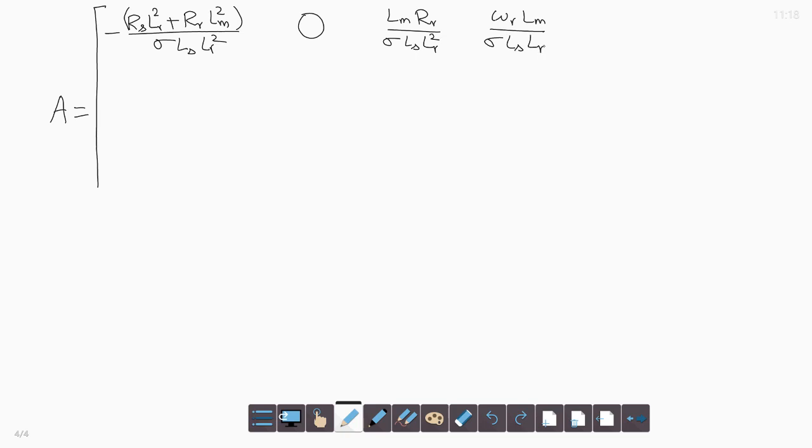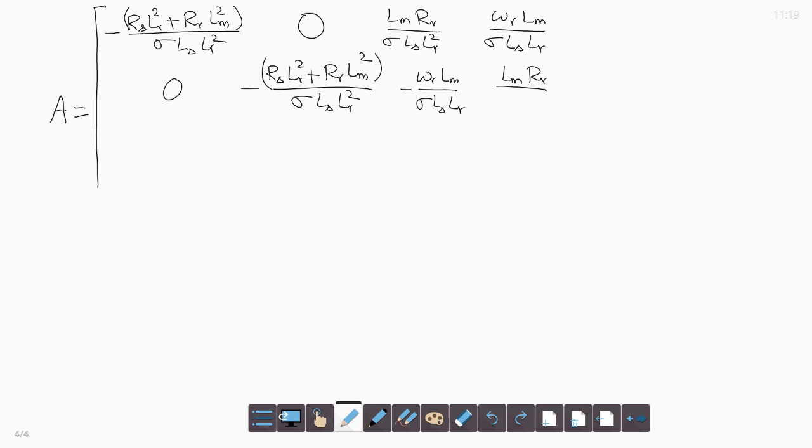First row is like this. Second row, first element is 0, second element is same as the first row first column element, that is minus R s L r square plus R r L m square whole divided by sigma L s L r square. Third term is minus omega r L m divided by sigma L s L r, and fourth term is L m R r by sigma L s L r square.